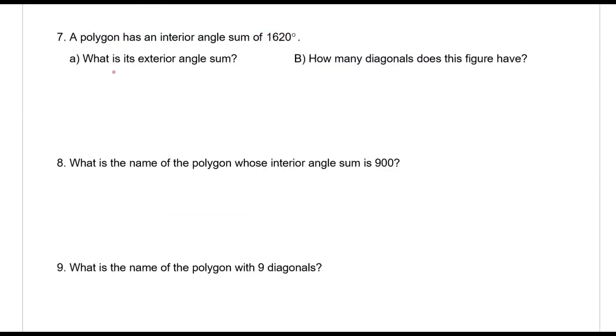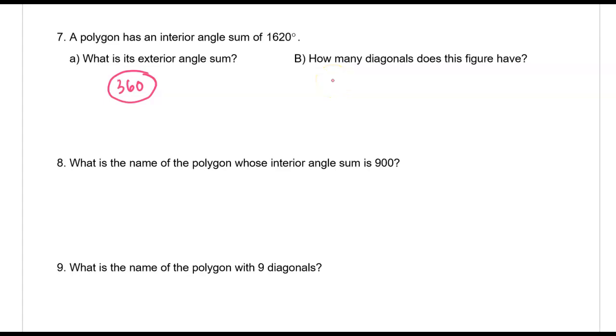Now we'll do some practice problems using the formulas that we learned. A polygon has an interior angle sum of 1620. What would be its exterior angle sum? All polygons have an exterior angle sum of 360. Part B, how many diagonals does this figure have?